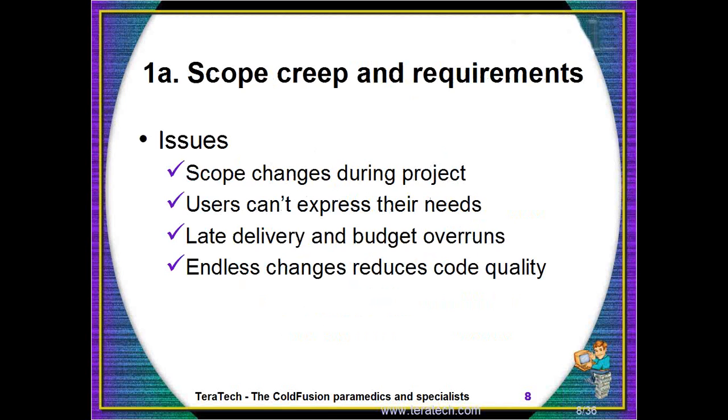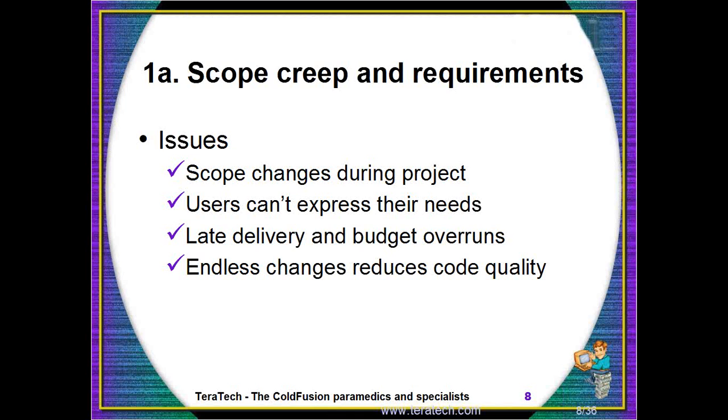Some of the issues that I've seen in scope creep are that the scope just changes during the project. You start off with one set of requirements, and then you discover other ones as you're going. Related to that, users often find it difficult to express in a way that developers can understand what their needs are.